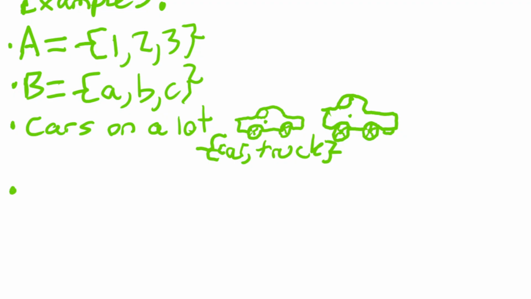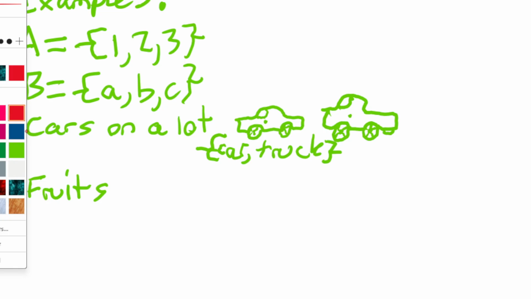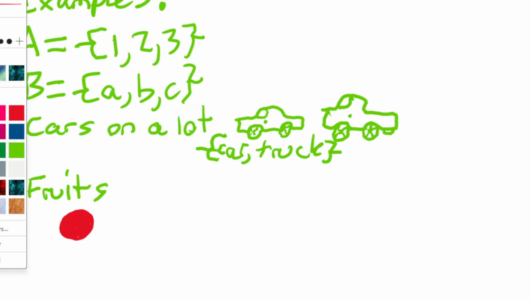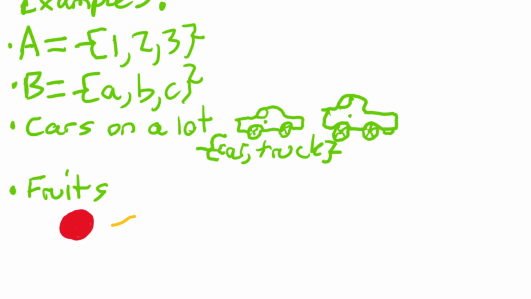Or another example of a set could be fruits. So let's say you had a fruit bowl, and maybe you would have an apple, maybe some bananas, or maybe some grapes.